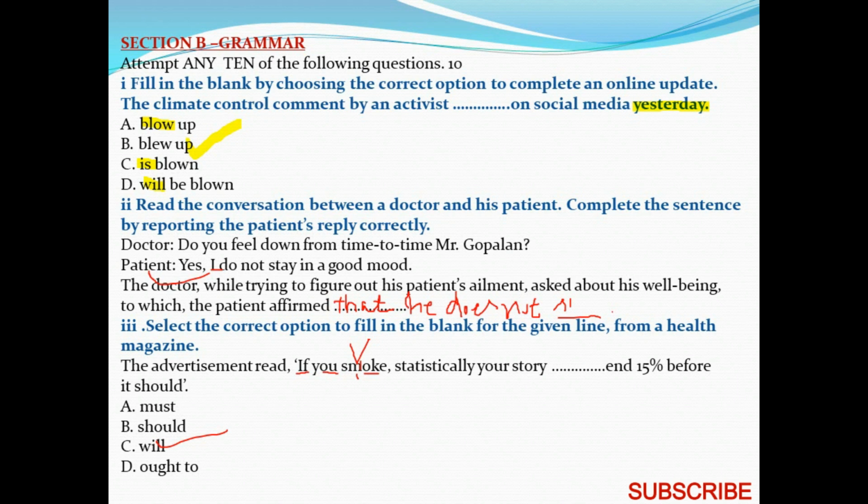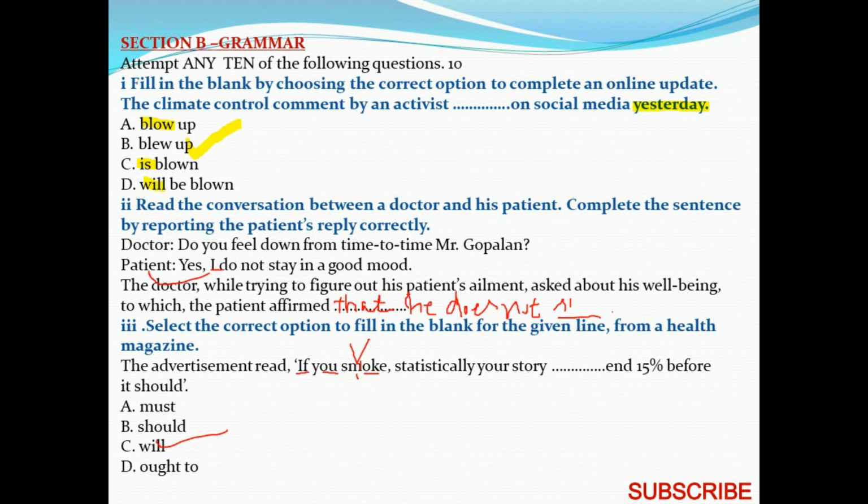Does not, just writing is not good here, you will have to check that he doesn't stay in a good mood. Rest part is same. We have used present verb form because it is general situation, it is usual that happens with that patient, so we haven't used past tense, we are using present tense.